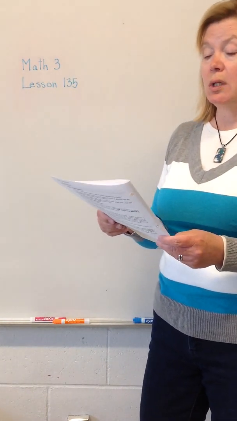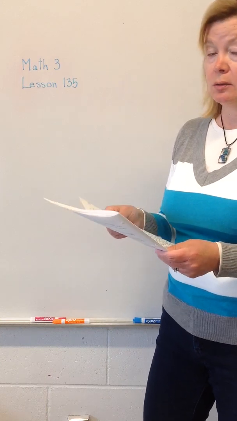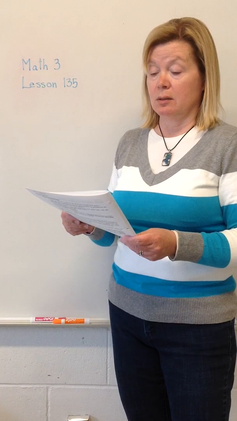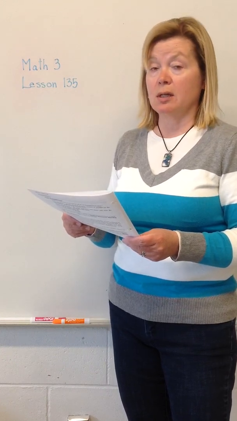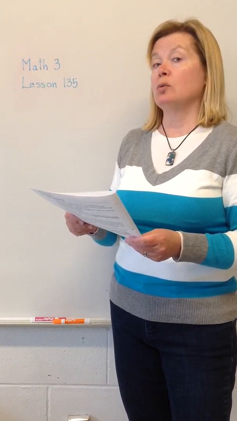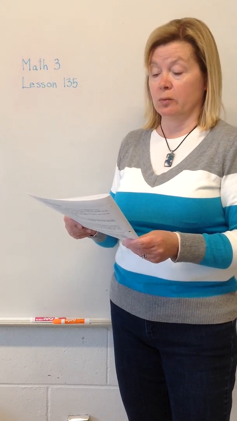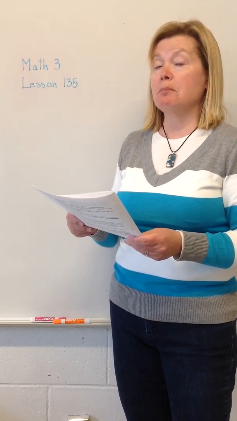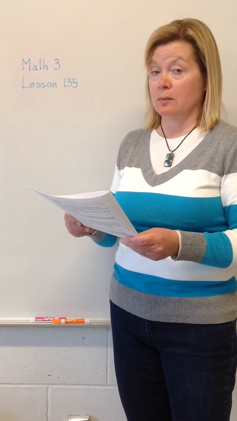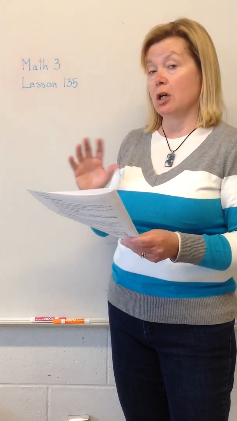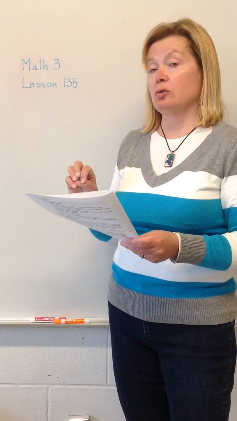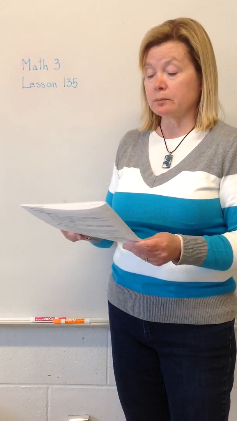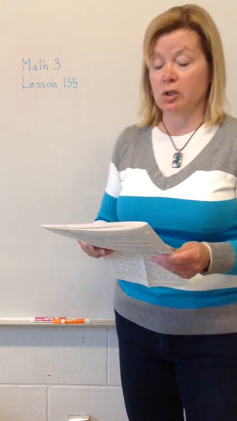What they do is they divide the picture or the collection into groups that are about the same size. And then they count the number of objects in only one of the groups. So this is called estimating by sampling. So when you take a large collection, you divide them into groups to come up with how many are in that group. So this is what we're going to do.